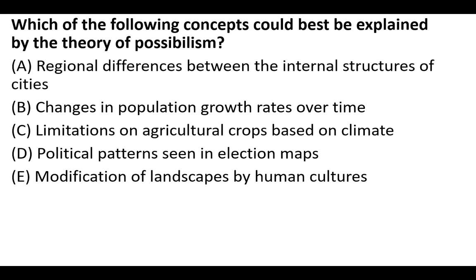Which of the following concepts could best be explained by the theory of possibilism? So now we're talking about possibilism. The answer is modification. If you don't know what the word modification means, modify means to change.